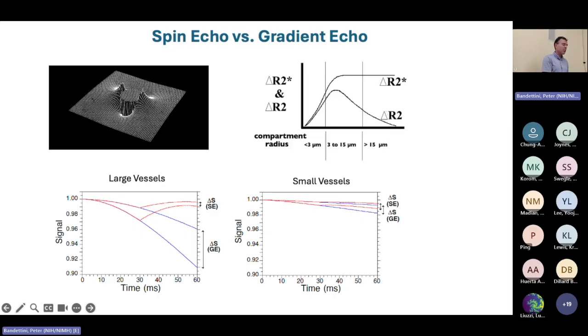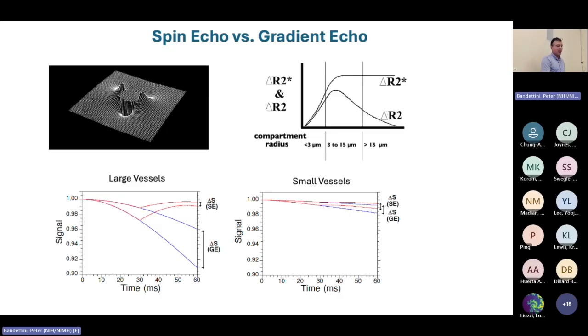And so that's where you optimally sample the magnetic field gradient. So it almost looks like a gradient echo, as if the spins are sitting there. But something else interesting happens when you get really small compartments, and that's the spins are diffusing so fast relative to the size of the compartment. They just kind of fly right by it, and they just average up everything. So it's as if they're all sampling the same field again.